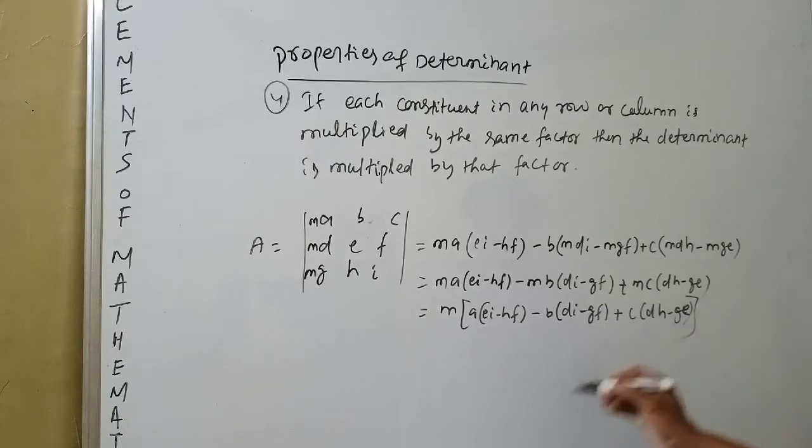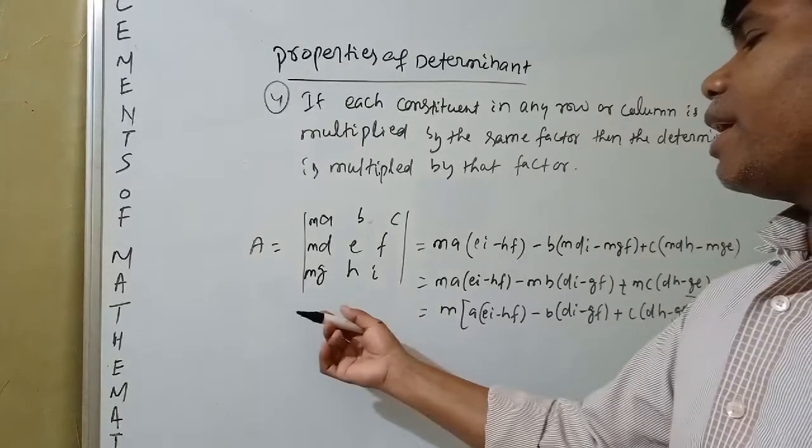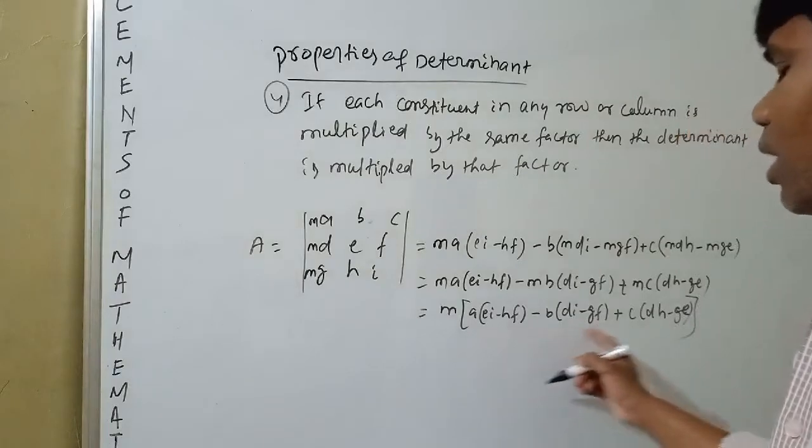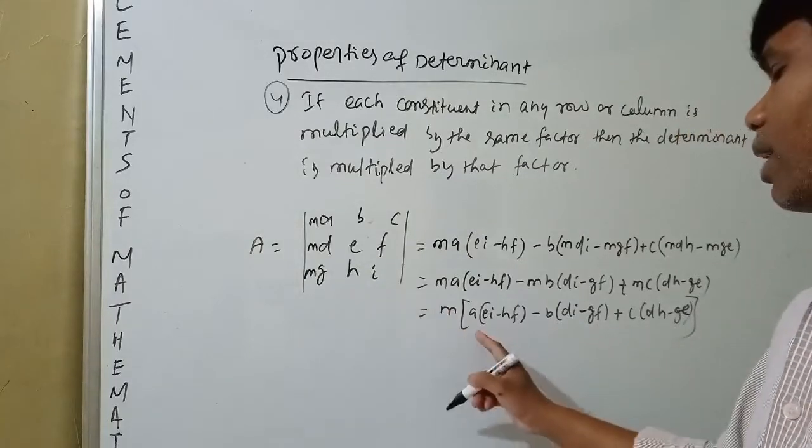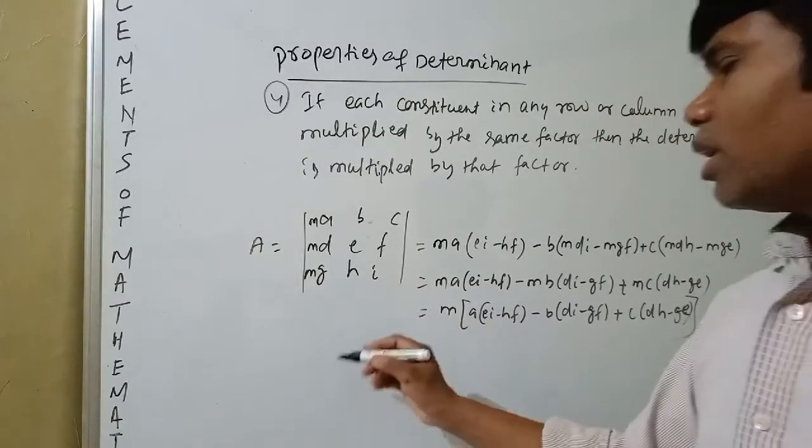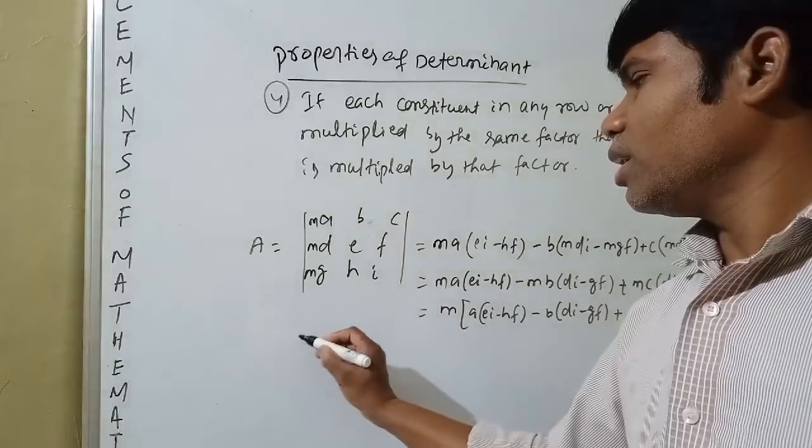That means if you find this, the determinant of A is equal to this.